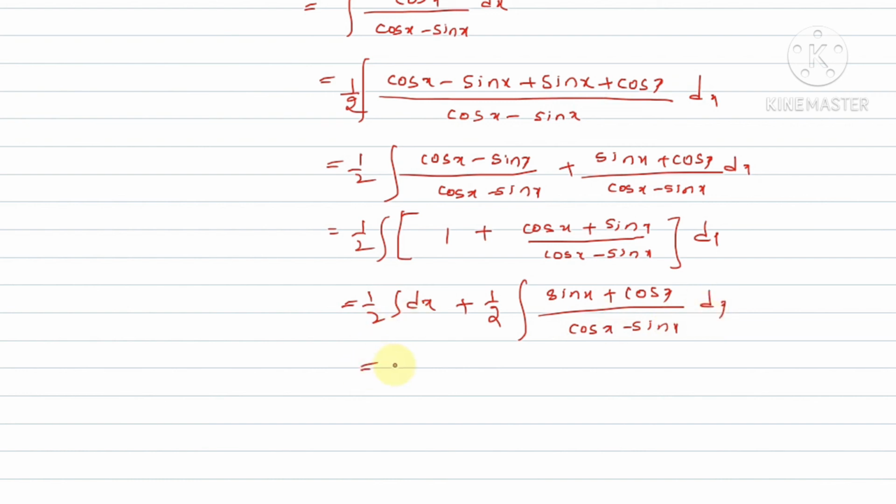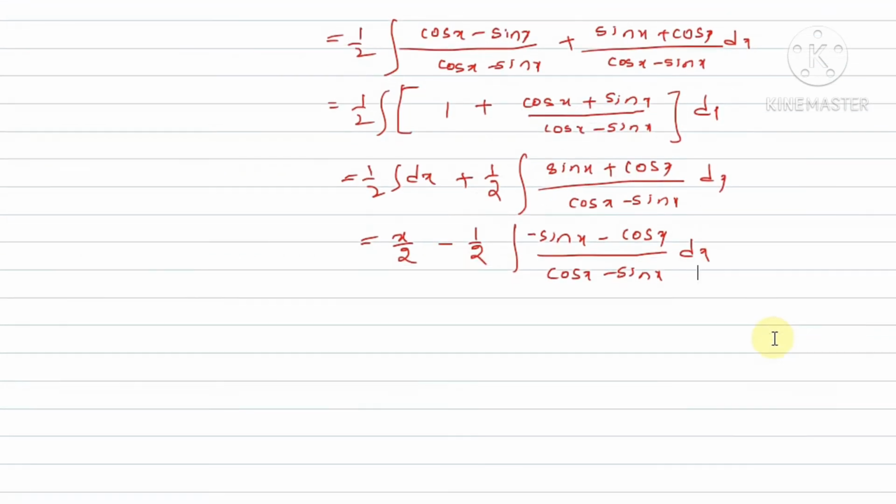So this is clear, x by 2, nothing changes, plus here I am doing some substitutions. I am taking minus common here, so ultimately this comes 1 by 2, and this is minus sin x minus cos x. Any problem? No problem at all, because minus becomes plus again, over cos x minus sin x into dx, clear.